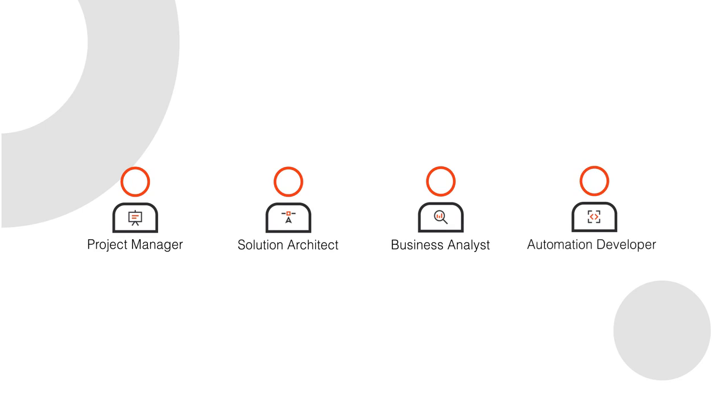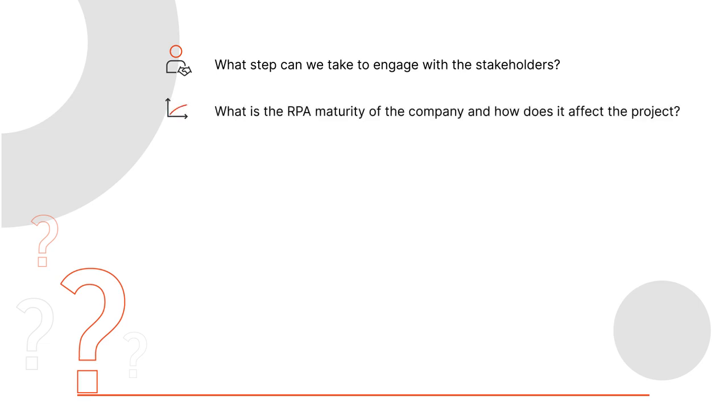Before starting the project, members of the implementation team should make sure they clarify a few details with the internal or external client. These details include, but are not limited to, what are the first steps that we must take to engage with the stakeholders? What is the RPA maturity of the organization and how does it impact the project?